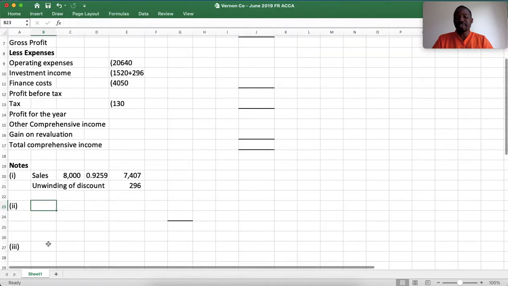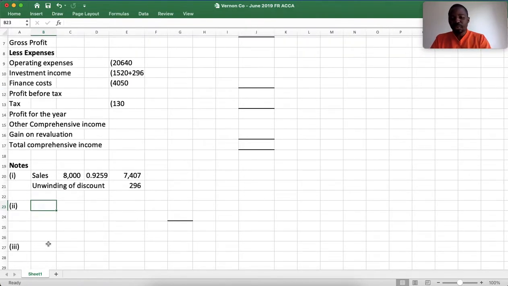So under note number 2 here, we will say 1 December 20X8, the sale is for 12 million, which is 12,000 in thousands.